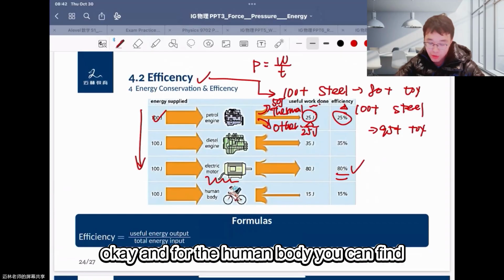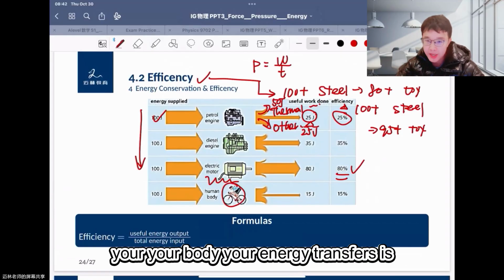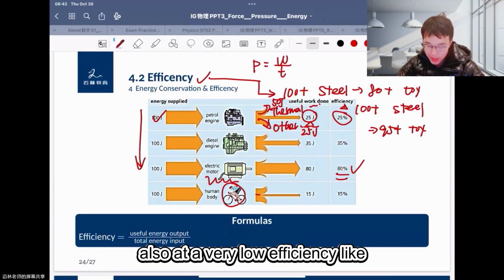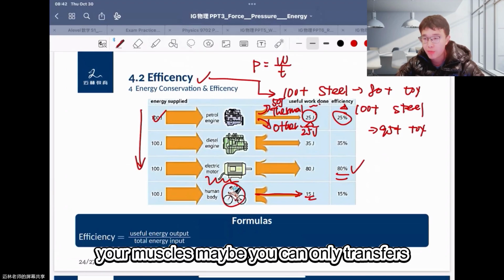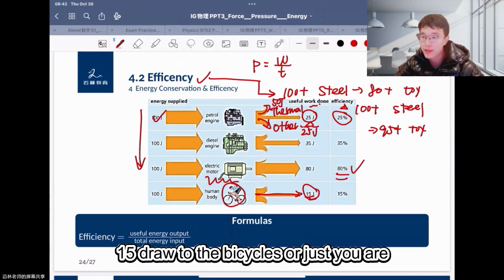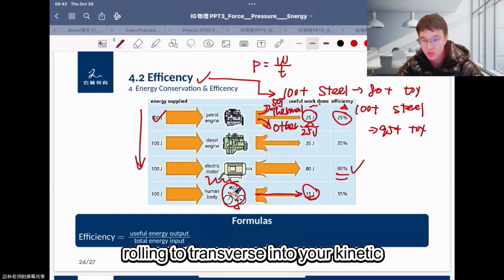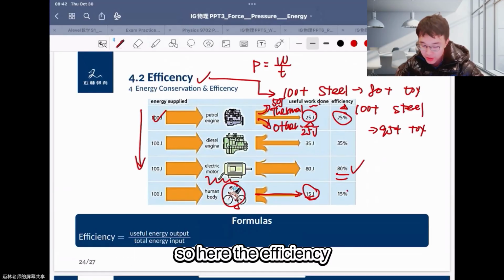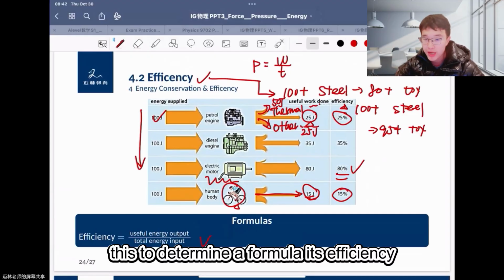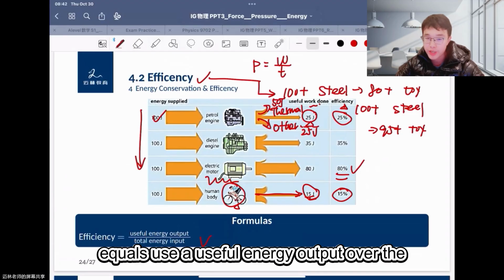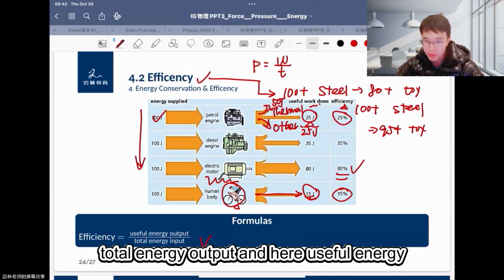Okay, and for the human body, you can find your body's energy transfer is also at a very low efficiency. Like if you exert 100 joule of energy in your muscles, maybe you can only transfer 15 joule to the bicycle, or when running, into kinetic energy for yourself. So we can use this to determine a formula: efficiency equals the useful energy output over the total energy input.